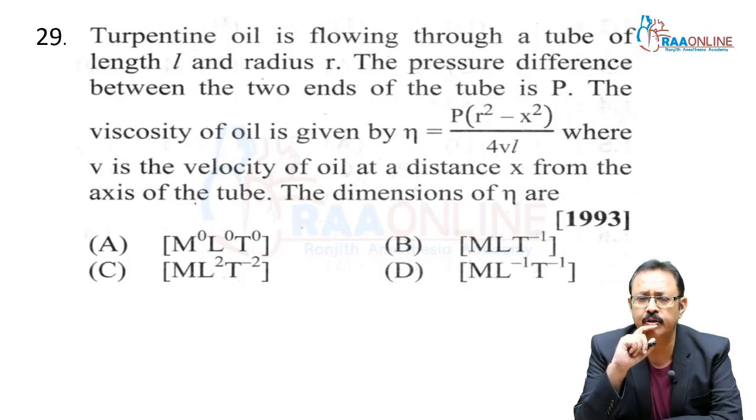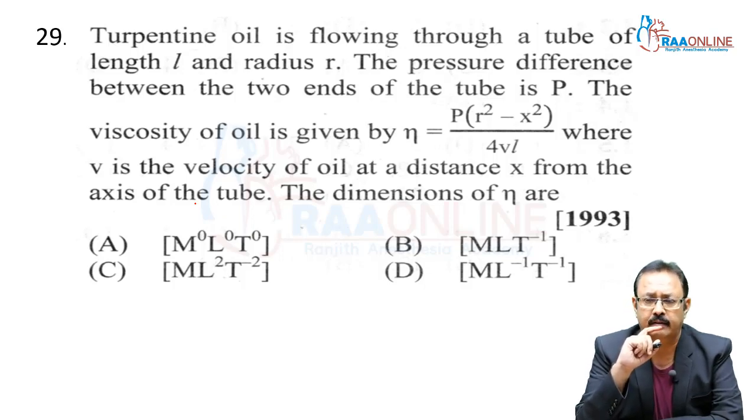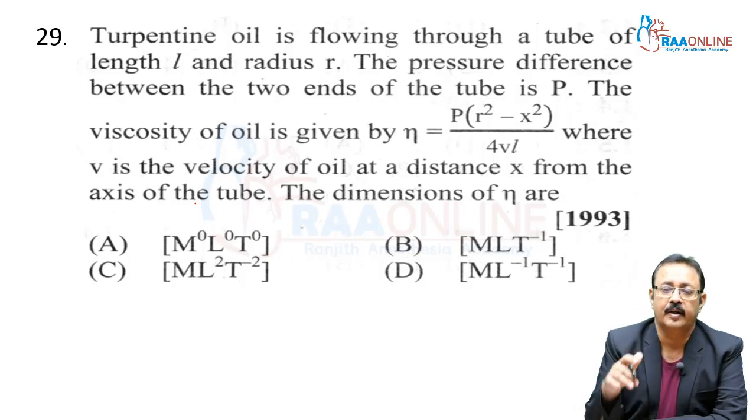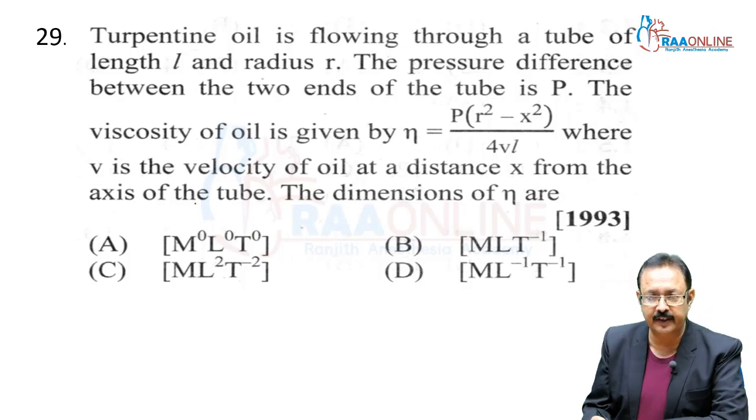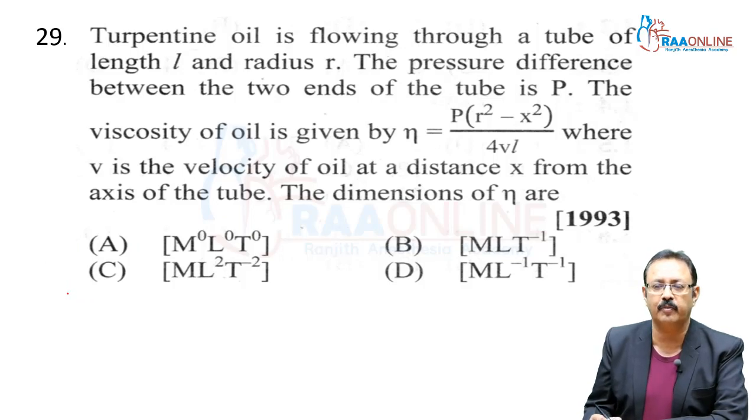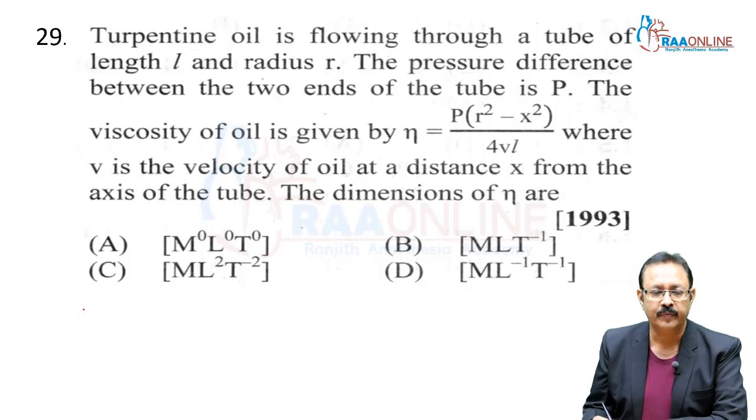The dimensions of eta are, we want to calculate eta with this relation. They have not specified which eta this is, so we have to calculate with this. But if you know the name of eta, you can tick directly, but I will tell from both. First this relation, then the shortcut.